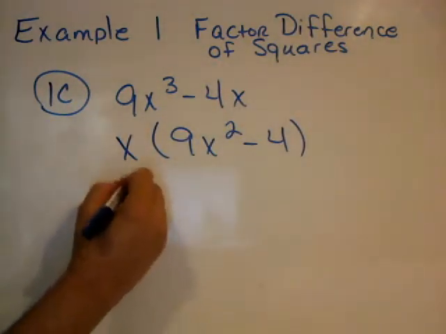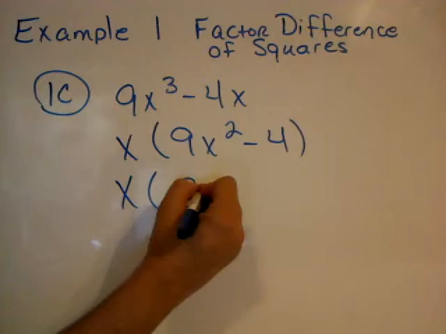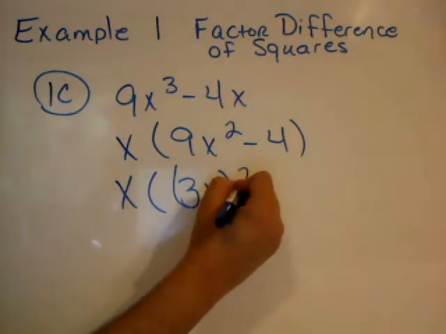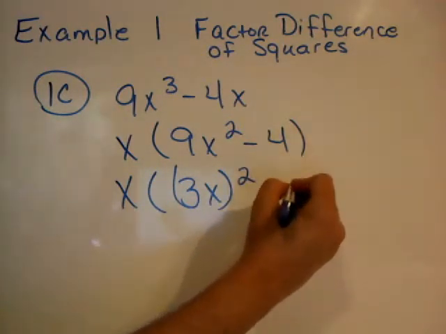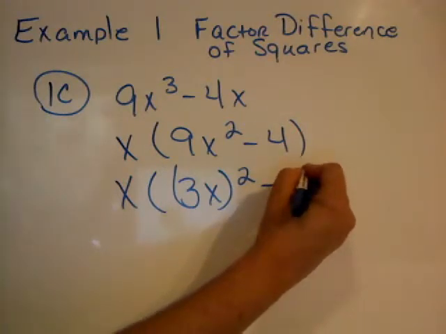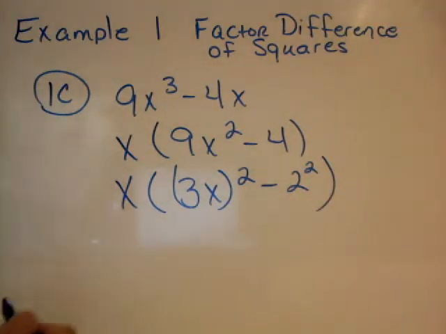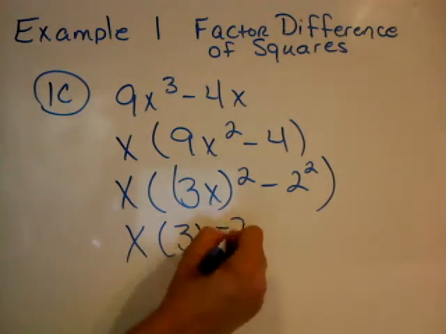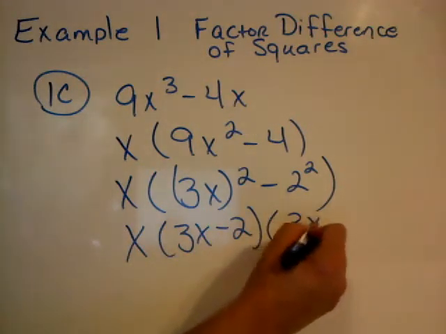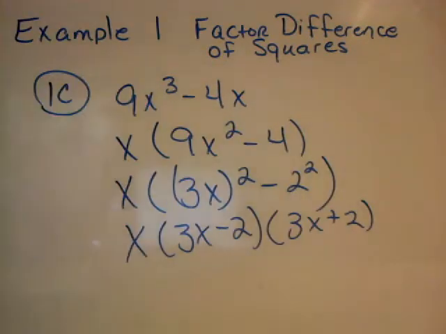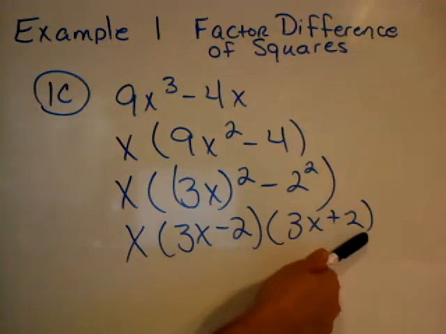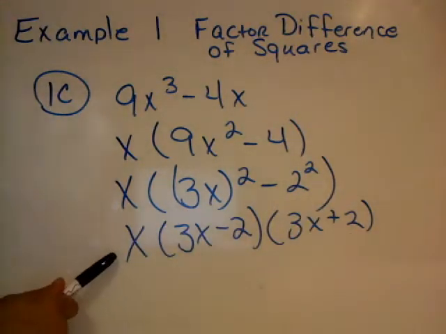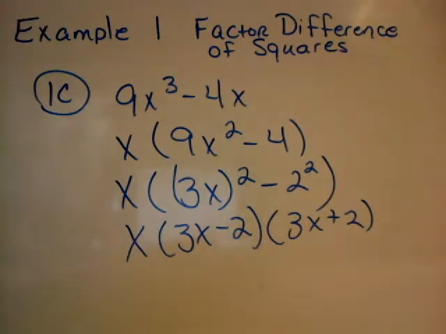So I can say x times 3x squared minus 2 squared, and that will give me x times 3x minus 2 times 3x plus 2. And again, if you use the foil method, multiply this back out, then multiply it by your x, you're going to go back to your original starting point.